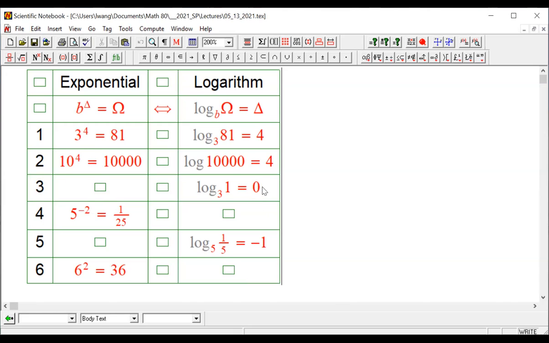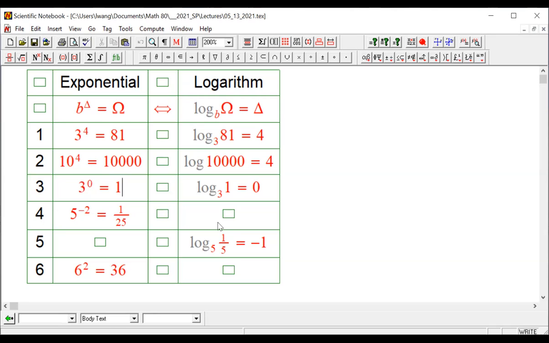So for example, on this one, we have the base is 3, omega is 1, and triangle is 0. So this means that 3 to the power 0 equals 1. Then you just write it down on this side: 3 to the power 0 equals 1.